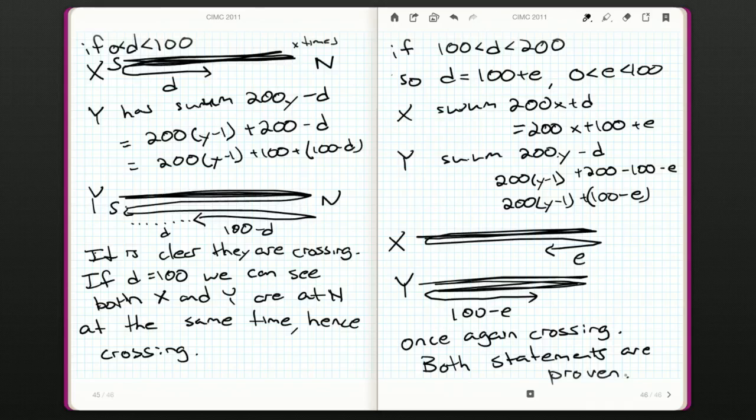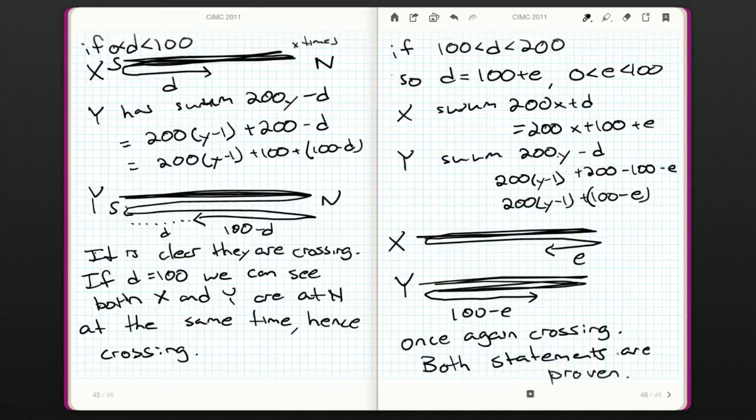You could probably turn this last case of 100 less than d less than 200 into some sort of argument that says it's basically the same as d between 0 and 100. But the point is, we now have both statements proven. Even if you just knew they were true, or knew that first one was true, you'd probably only lose a couple marks. They are definitely true statements.